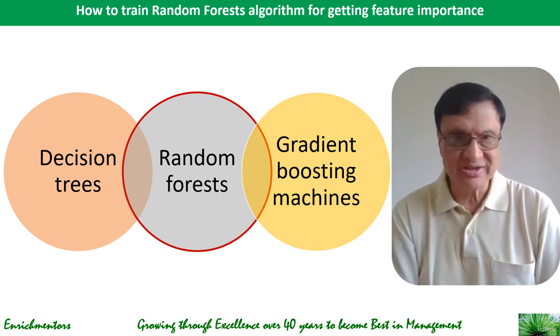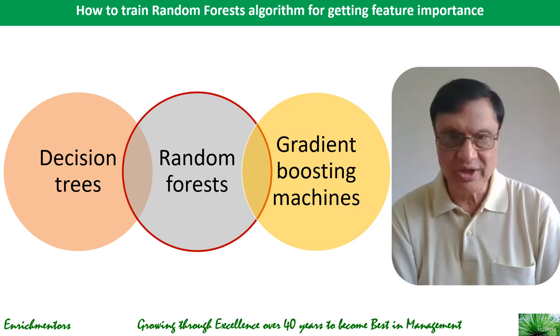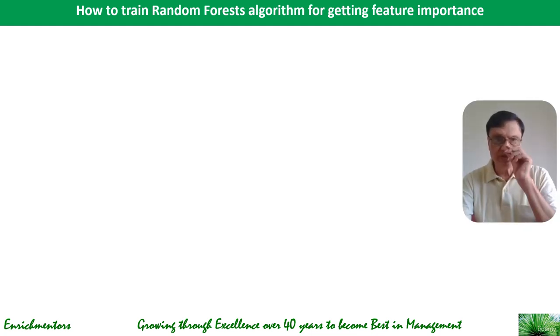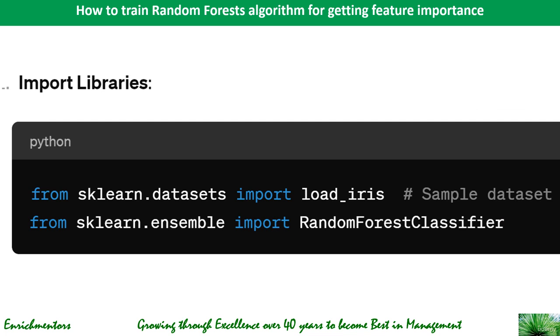And what are the steps? Let's take a look at the steps, including the commands that you need to give. So first thing what you need to do is to import the libraries. And there are two simple commands that you have here that you can take a look at in the PDF file and use them later on to import the scikit-learn library for training random forest algorithm to get the feature importance.